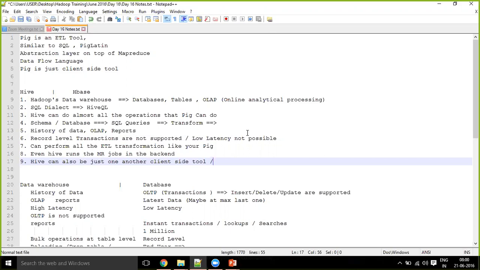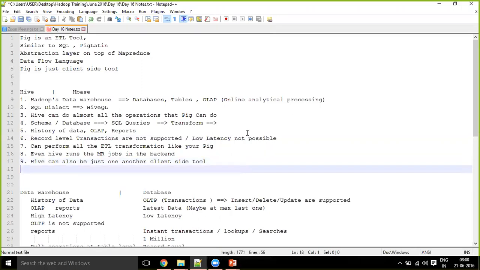But let's say there are many users who want to access it through the shell, accessing your Hive tables similar to your Pig grunt shell. So here we will have a Hive shell, similar to the grunt shell.